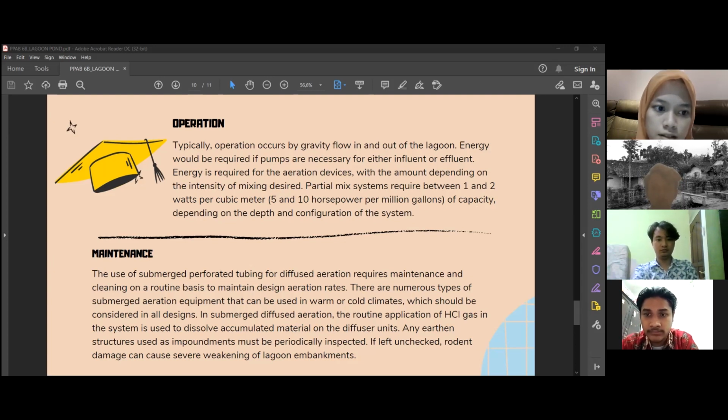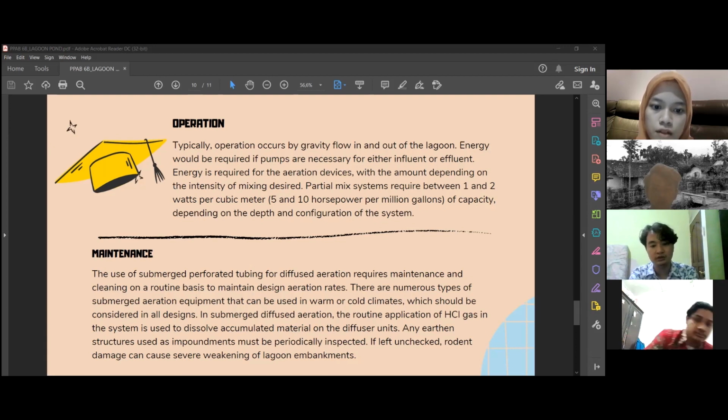In the maintenance, the use of submerged perforated tubing for diffuse aeration requires maintenance and cleaning on a routine basis to maintain desired aeration rates. There are numerous types of submerged aeration equipment that can be used in warm or cold climates, which should be considered in all designs.